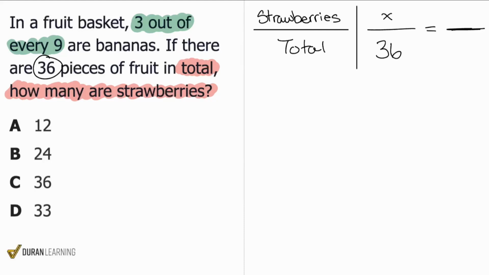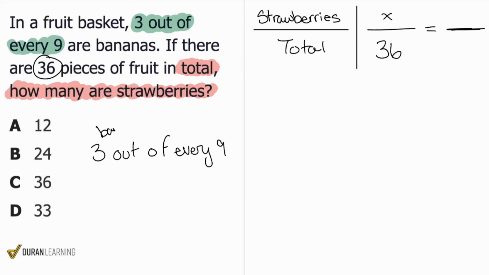What does that mean? How do we interpret the 3? How do we interpret the 9? Well, the 3 is represented by bananas. 3 out of every 9 are bananas. So the 3 is representing bananas.